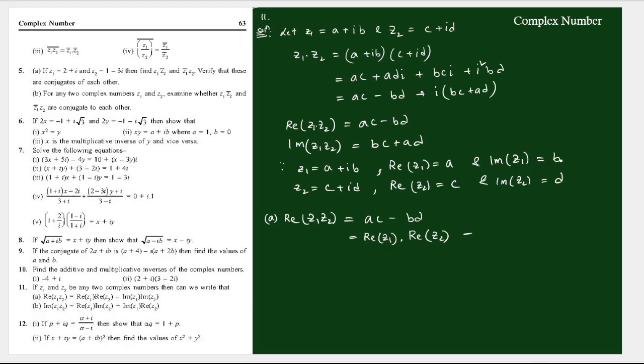We have got minus. b is what? Imaginary part of z1. d is what? Imaginary part of z2. हो गया? a is already proof. अभी b क्या है? Imaginary part of z1 z2. तो क्या है? bc plus ad. bc क्या है? b क्या है? Imaginary part of z1. c क्या है? Imaginary part of z2.